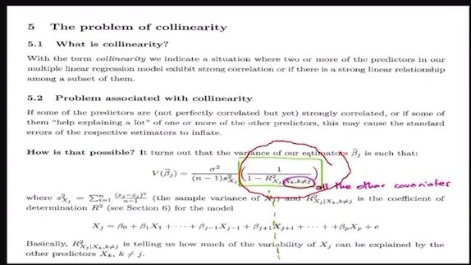If multicollinearity is present in your data set, you're going to have the variance of an estimator inflated. And when the variance of an estimator is inflated, the standard error of the estimator will be inflated. Don't forget, you get the standard error of an estimator by finding the square root of the variance of the estimator.